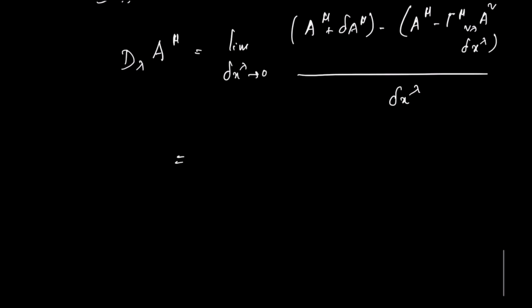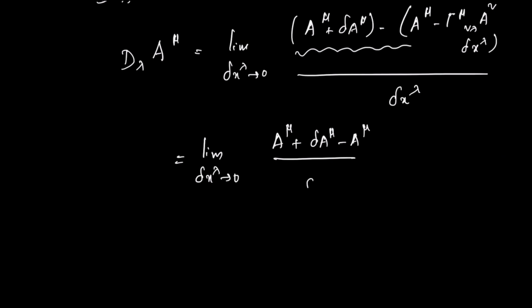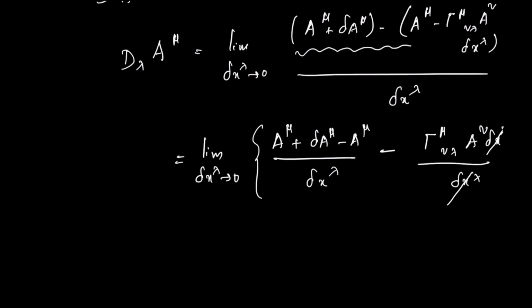Okay, so I can simplify the limit delta x lambda tending to 0. I am combining a few terms, A mu plus delta A mu minus A mu, divided by delta x lambda. The rest is minus Christoffel symbol mu nu lambda A nu delta x lambda by delta x lambda. Here delta x lambda and delta x lambda will get cancelled, and A mu and A mu will get cancelled.